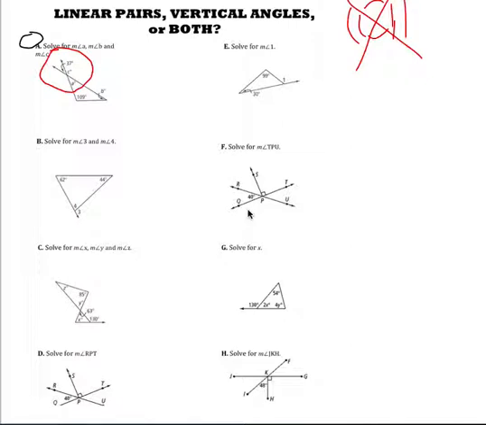But then don't forget that you've also got some linear pairs. So highlighted in blue, we have a linear pair, and highlighted in green, we have a linear pair. And we actually have two more linear pairs that are formed, highlighted in black. So basically, you just got a bunch of different pairs that are formed.